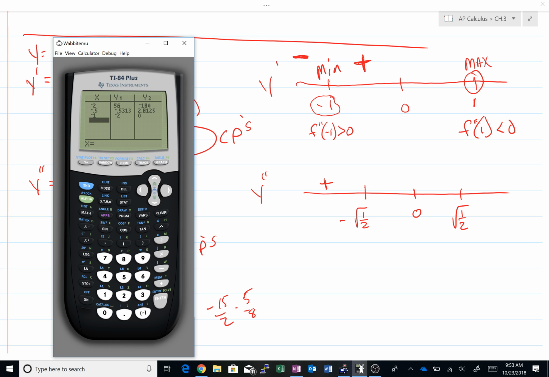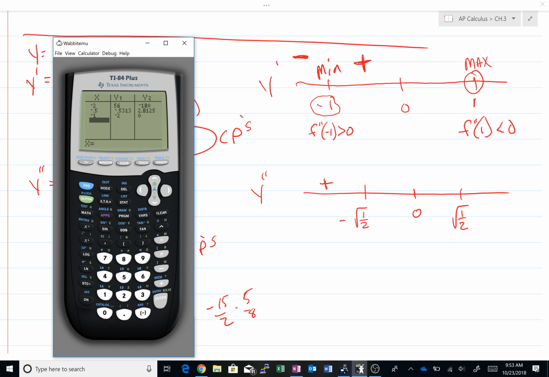That tells me it's decreasing, increasing, so that's a min. Our new rule today says take the value there, negative 1, and put it into the second derivative. If it's positive, it's a min. If it's negative, it's a max. Second derivative yields a positive, so that's why it's a min.